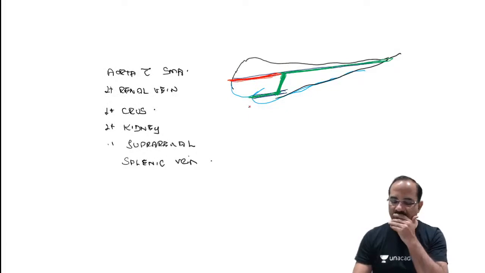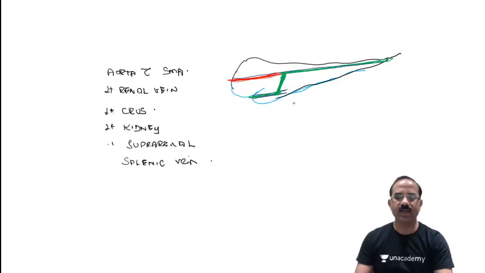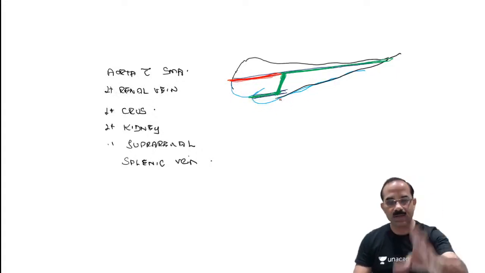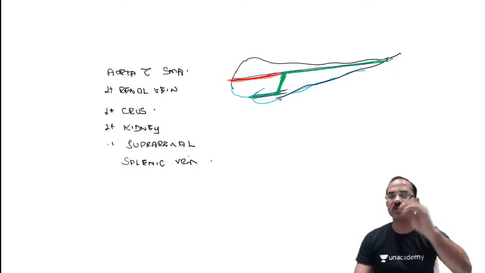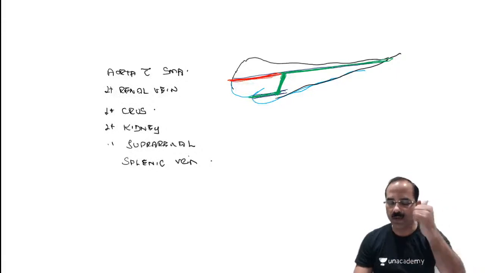Look at this, that's the main pancreatic duct. The main pancreatic duct is also known as the duct of Wirsung. And where does it open into? It opens into the major duodenal papilla, 8 to 10 centimeters from the pylorus.